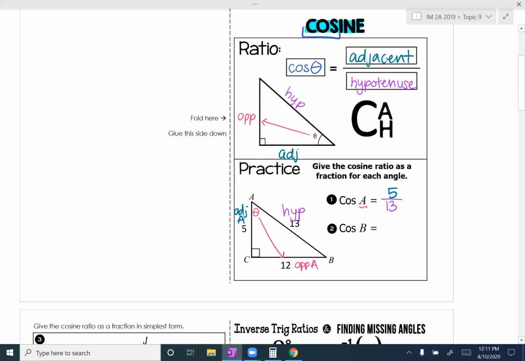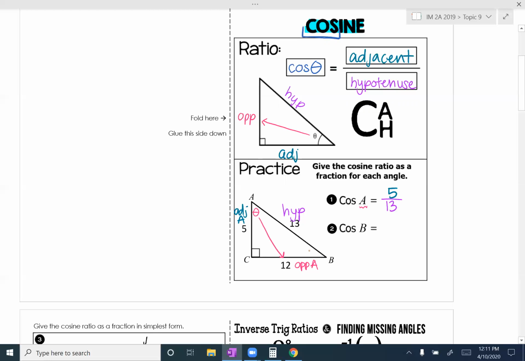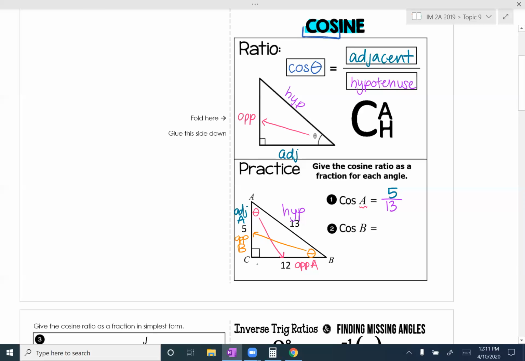Cosine of B is going to be the side that's adjacent to B over the hypotenuse. So if I look at where B is in my triangle, the side opposite of B, so that means the theta is here, the side opposite of B is that side 5, which also means that the side adjacent to B is 12.